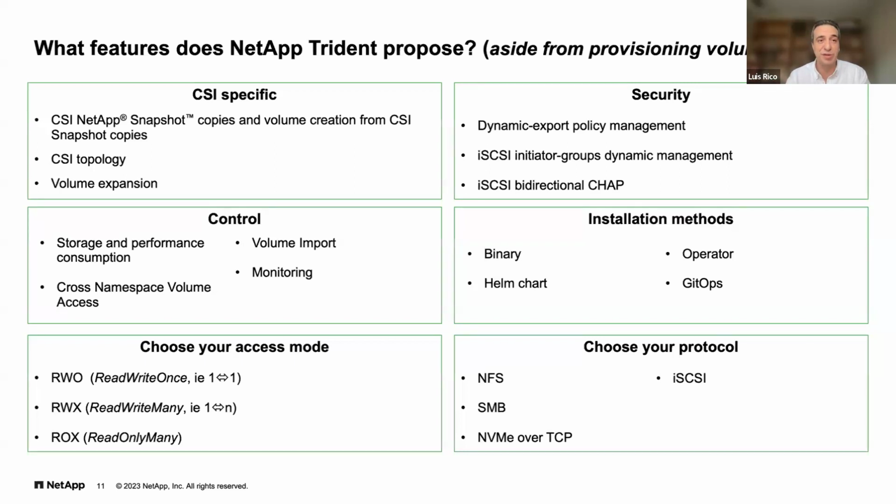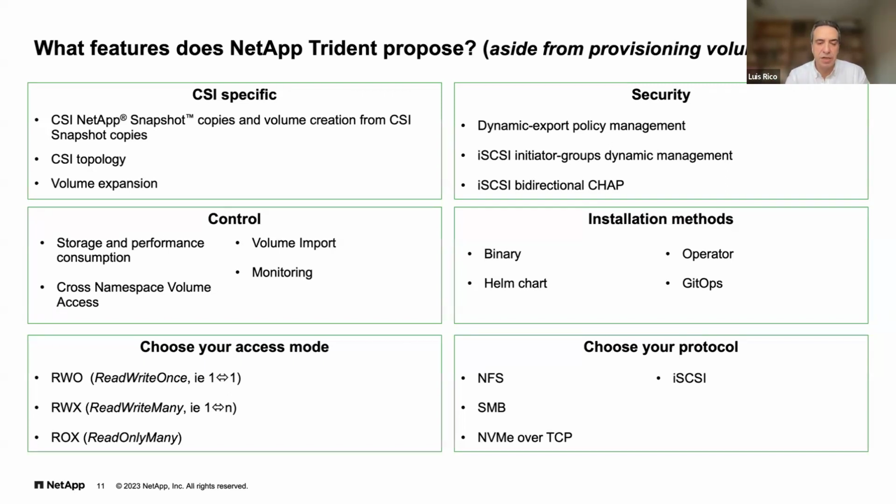The operator is a community operator in the Operator Hub. It is not yet a certified operator for Trident. For Astra Control, it is a certified operator in Operator Hub. And we are also able to integrate the deployment of Trident as part of a GitOps strategy with Argo CD or OpenShift GitOps.